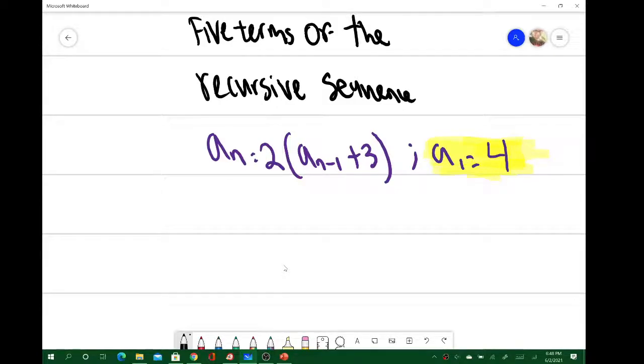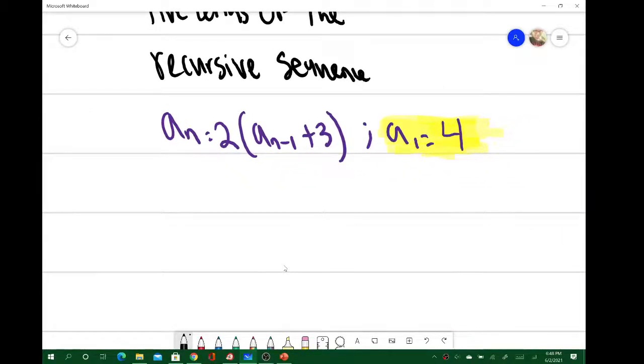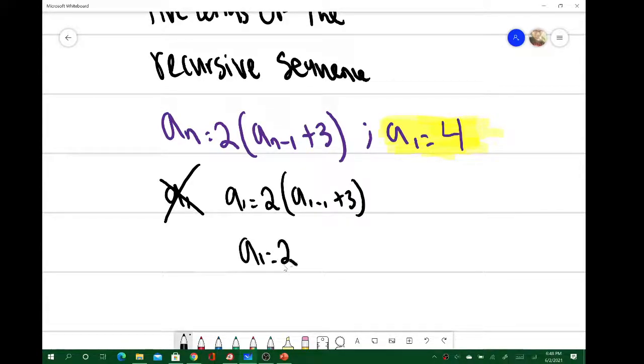In reality, the way that you start this, you don't say a sub 1, because you already know what a sub 1 is. If I say a sub 1 equals 2 times a sub 1 minus 1 plus 3, so a sub 1 is equal to 2 times a naught plus 3, do I know what a naught is?